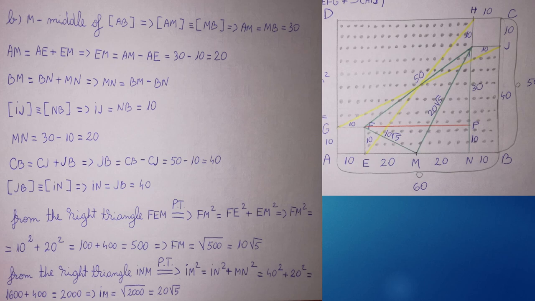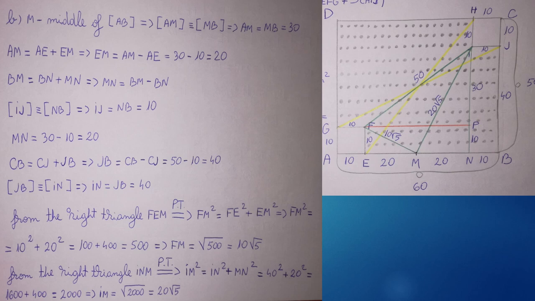CB is equal to CJ plus JB, so JB is equal to CB minus CJ, which is equal to 50 minus 10, which is equal to 40. The segment JB is congruent with the segment IN, so IN is equal to JB, which is equal to 40. From the right triangle FEM, we have with Pythagoras' theorem that FM squared is equal to FE squared plus EM squared.